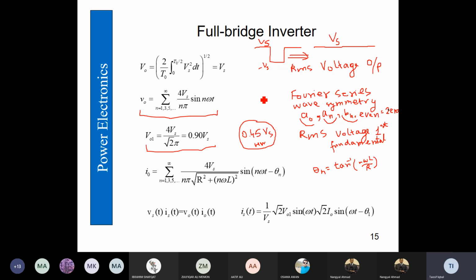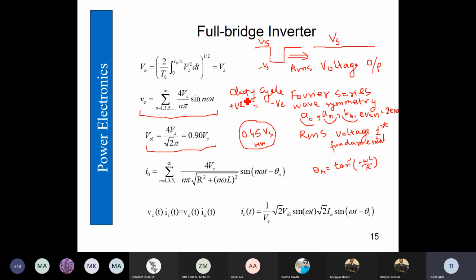And what is this wave symmetry? The duty cycle for positive and negative cycle must be equal. Duty cycle of positive must equal negative cycle. So this is one condition.